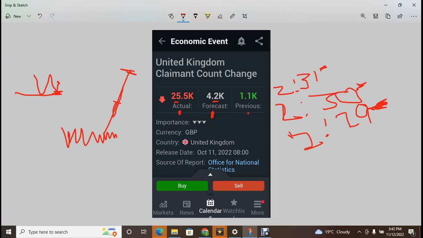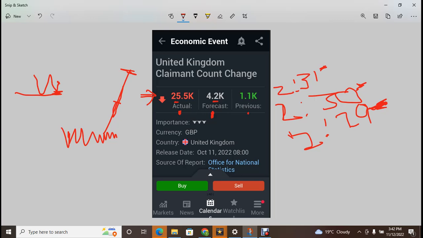But now, here's the other thing. Sometimes you'll find that with some news, the actual becomes white. Let's say the actual becomes 4.2 as well, the same as the forecast, and you will see a white arrow pointing in that direction.